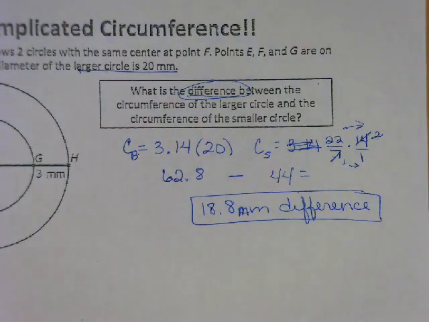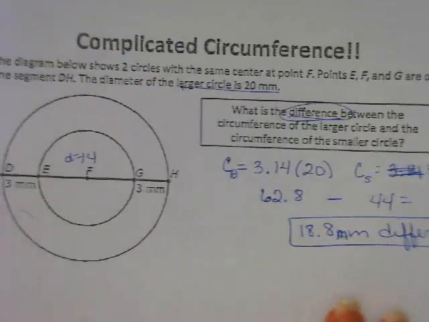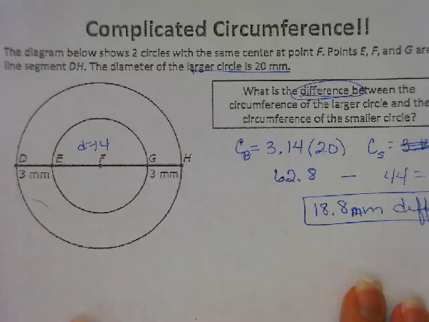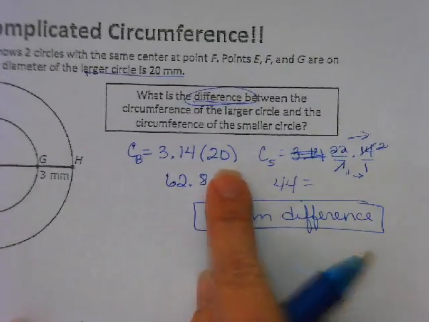Colby did something different. What did you do, Colby? Tell me what you did on that one. You told me, what is the difference between the two diameters? This was 20 and this one was 14.